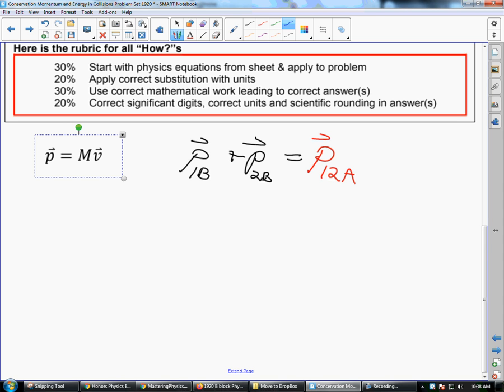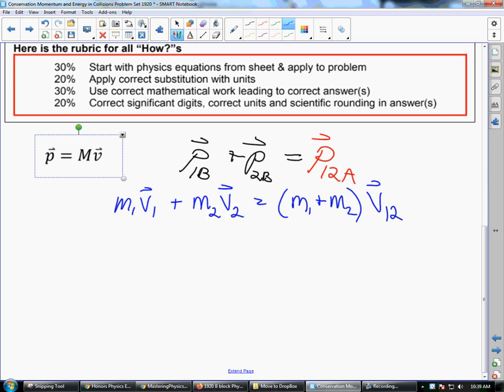So this would be the mass of 1, the velocity of 1, plus the mass of 2, velocity of 2, equals mass 1 plus mass 2, because they're now combined into a single body, and the velocity of 1, 2. Now I dropped the B and the A because it's not like I have object 1 before and object 1 after. I can leave them there if you want.